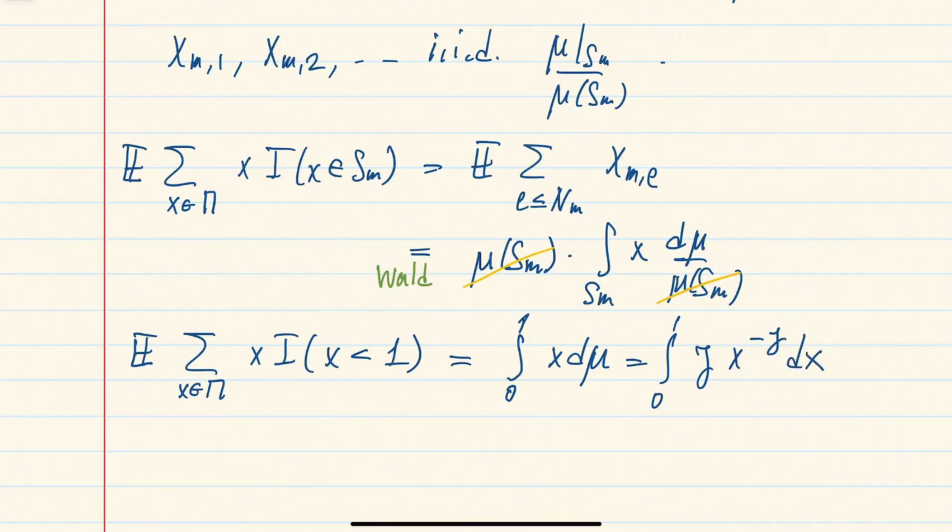Now because zeta is strictly less than 1, this is integrable near 0, and in fact this is equal to zeta over 1 minus zeta. So the expectation of this sum is finite, so that means that the sum is also finite.